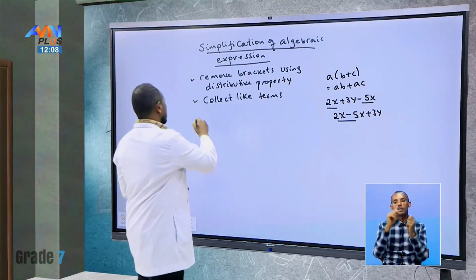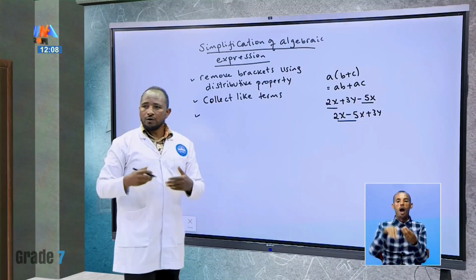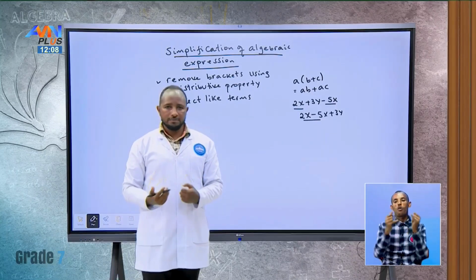Next to that, you add or subtract the numerical coefficients of the like terms.